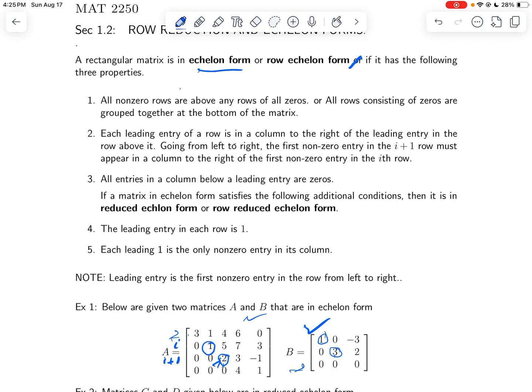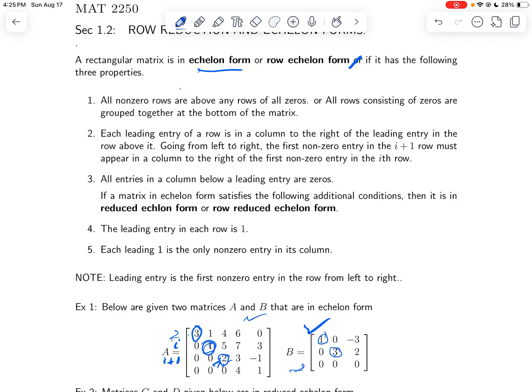The third condition is that all entries in a column below a leading entry are 0. If you notice, this is the leading entry here, and all entries in that column below the leading entry are 0. This is the leading entry in the second row, and it has zeros below it. Then the third row has the leading entry 2, and we have zeros below it.